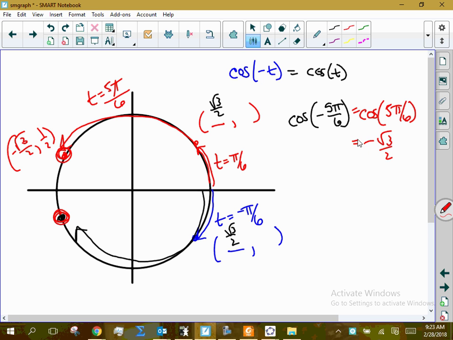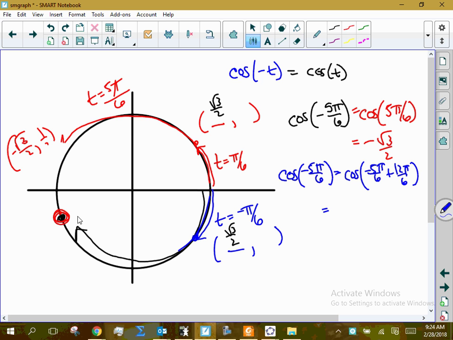That's not the only way we could do this. Think about this. We know that we don't like negative angles a lot. I think this is probably quicker than this, but could I do this? Could I say cosine of negative 5 pi over 6 is equal to cosine of negative 5 pi over 6 plus 12 pi over 6? What did I just add to that? 2 pi.